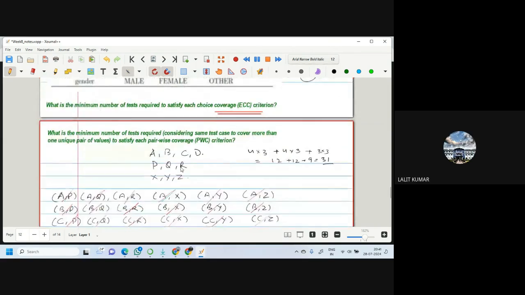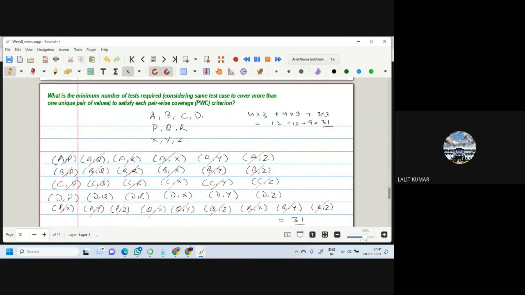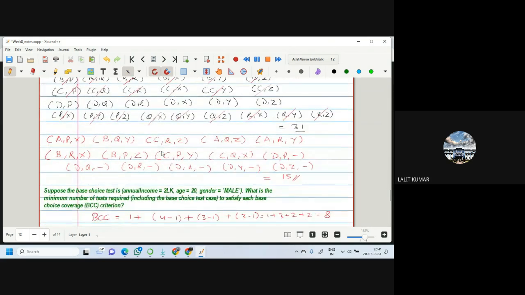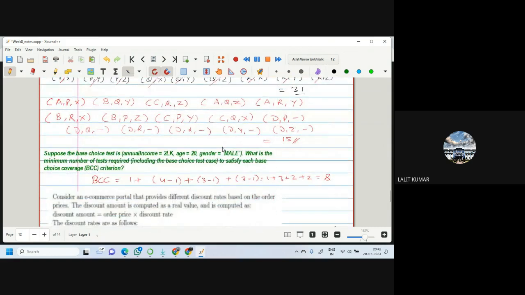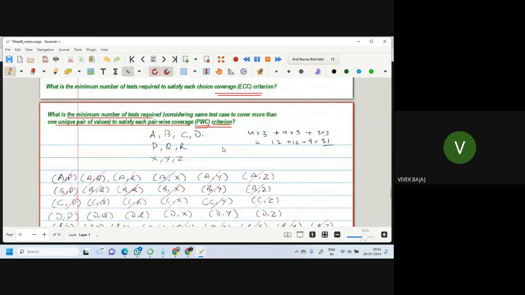And this is the question which we are struggling to find the answer to. For PWC, what is the minimum number of tests required? I tried, I got some answers, but I'm struggling because there is no formula. What was the formula for PWC? It was at least max of BI squared.